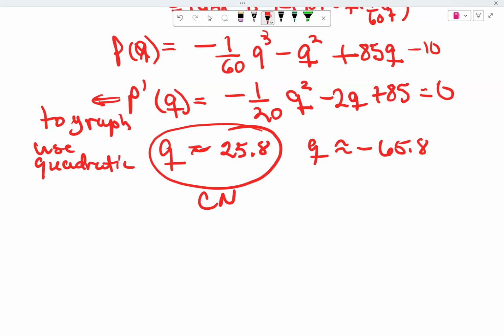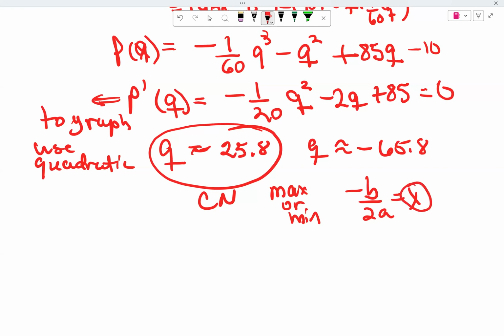So now we want to substitute in that value. Is this going to be a max value or a min value? Now it's as simple as using negative b over 2a. If you remember basic math, that is your axis of symmetry x value.